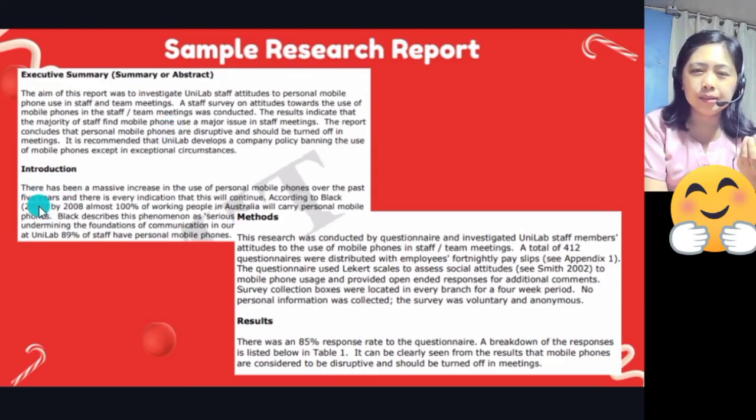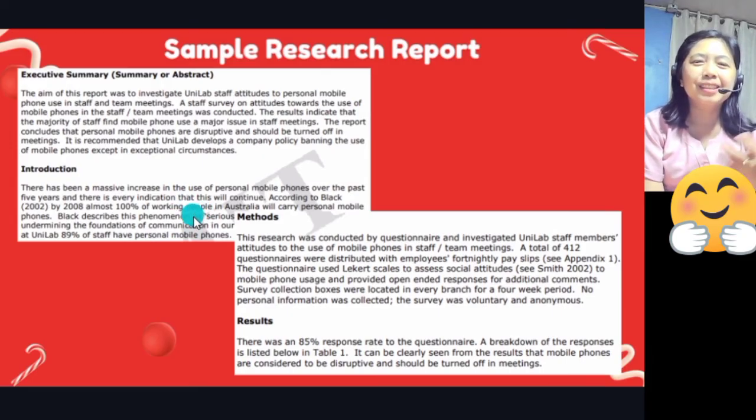So, ang introduction diri: there has been a massive increase in the use of personal mobile phones over the past 5 years, and there is every indication that this will continue. According to Black, okay, so you do have your sources, para mas credible ang imong pagsulat. Naa dayon kay mga valid sources nga imong i-appeal.